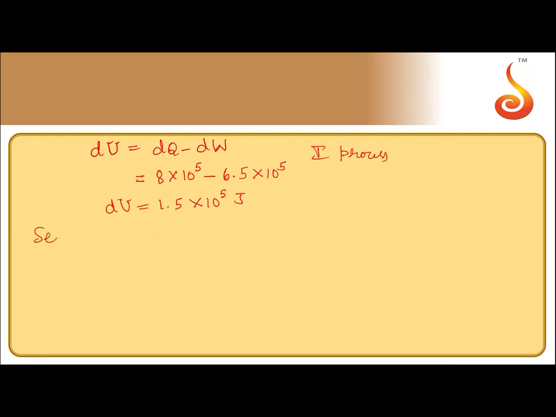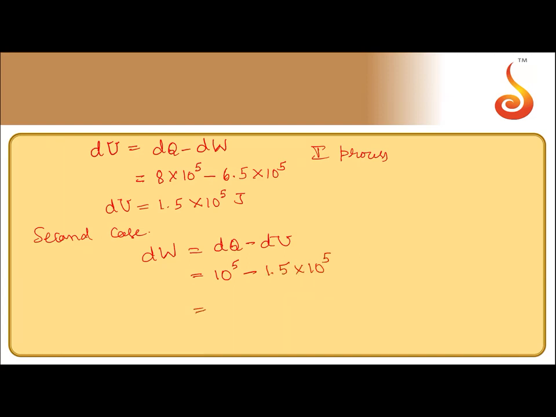So in the second case, dW is equal to dQ minus dU. So heat absorbed is 10 to the power 5. dU is 1.5 into 10 to the power 5.